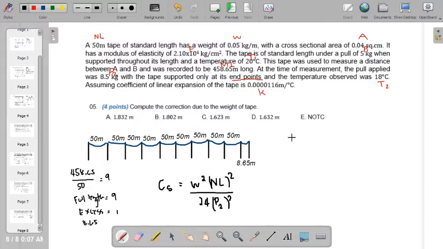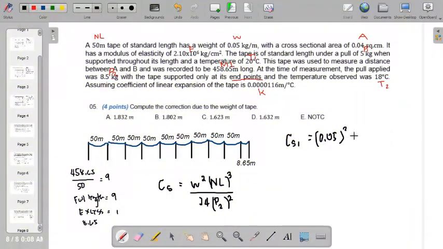So, CS1 will be equal to, what is our weight? Our weight is 0.05. Then we square that. By the way, this is cube, right? This is 3.